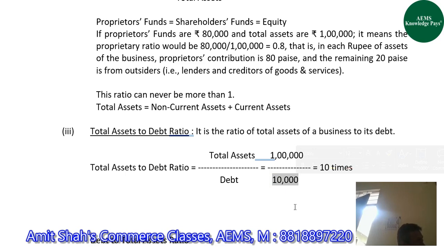I hope you're understanding guys. It has 10 times of its total debt as total assets. I repeat, total assets are 10 times of debt of the business. Means even if the company fails to pay debt, the debt can be paid by recovering money from assets. So there is less chance that the company will ultimately fail to pay its debt. I hope you're understanding guys.